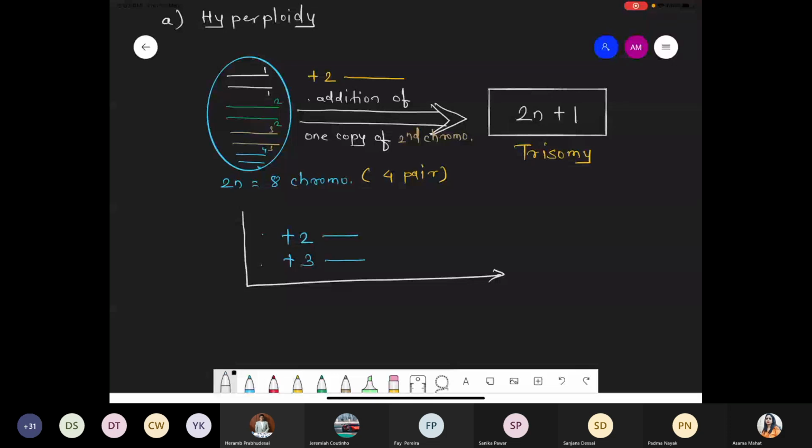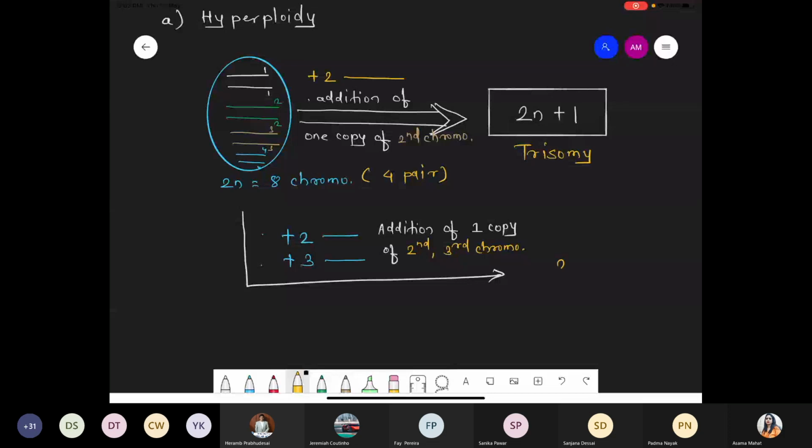So in writing, there is addition of one copy of the second and third chromosome. That's why we represent it as plus 2 and plus 3.